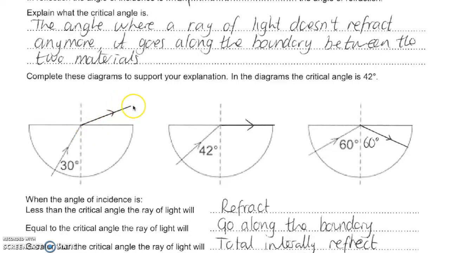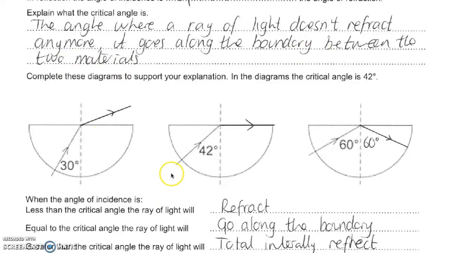Now, what these diagrams show us is total internal reflection, and there's something really important called the critical angle. So this is the angle where a ray of light doesn't refract anymore. It goes along the boundary between the two materials.